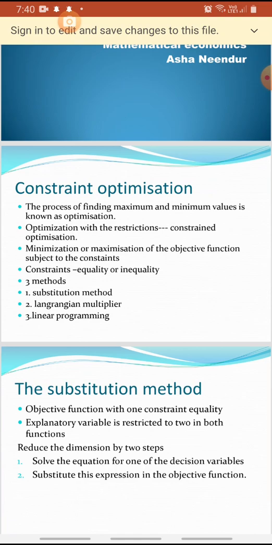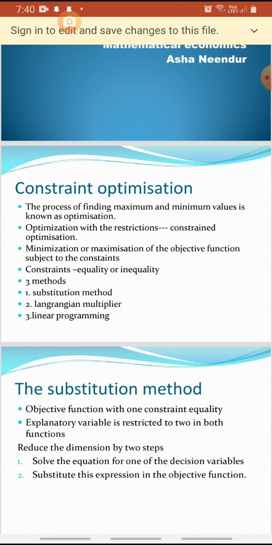Constraints are of two types: equality constraints or inequality constraints. There are three methods to find constraint optimization.